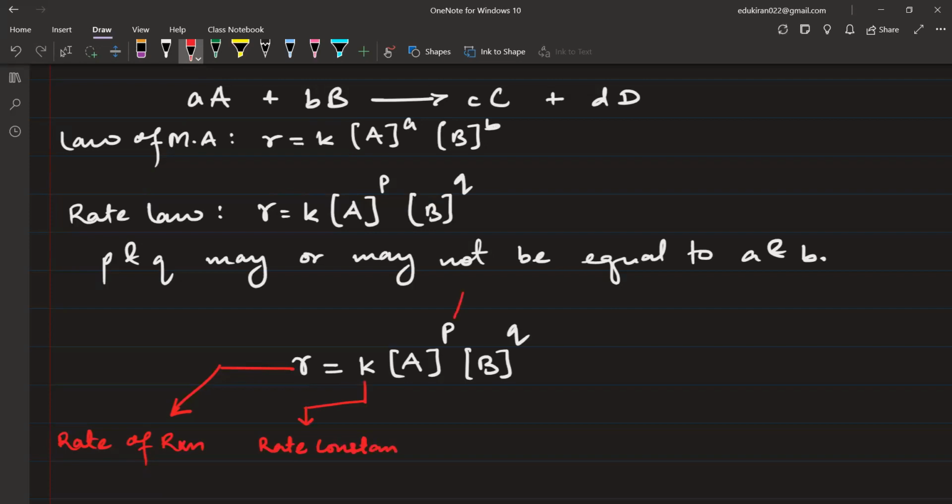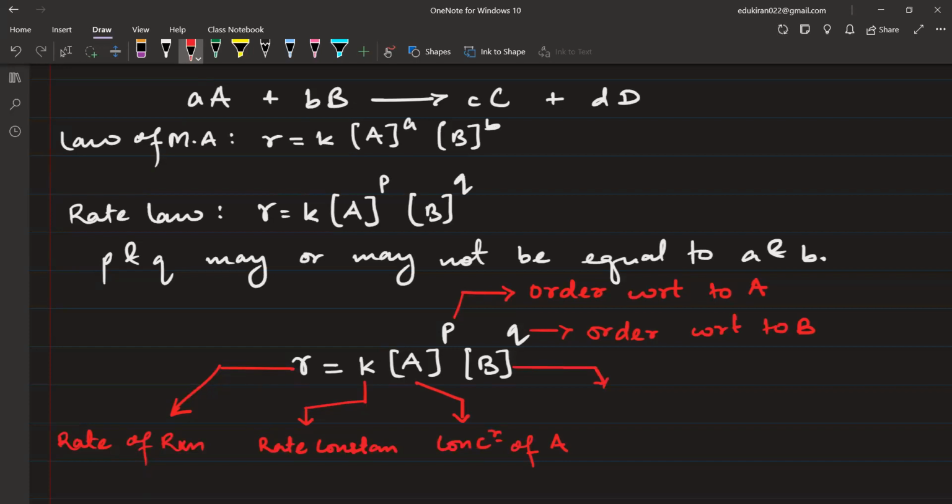Here P is the order with respect to A, and Q is the order with respect to B. Here, what is this A in the bracket? It is the concentration of A. And this B is the concentration of B.